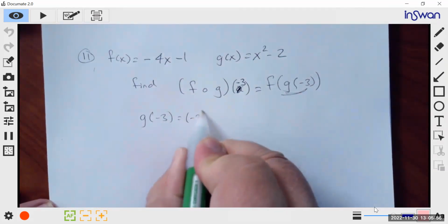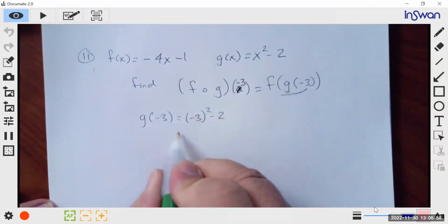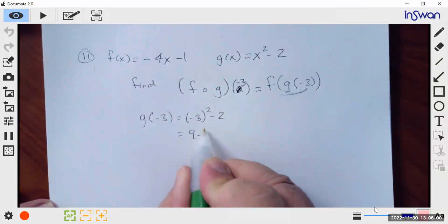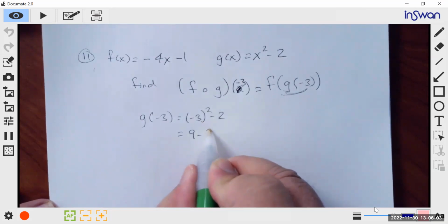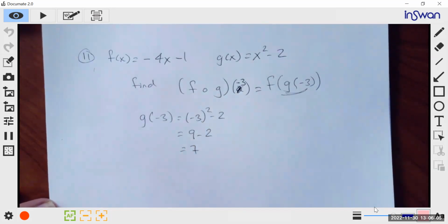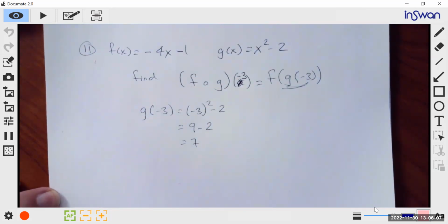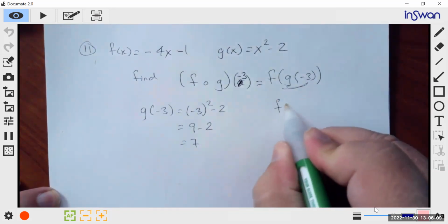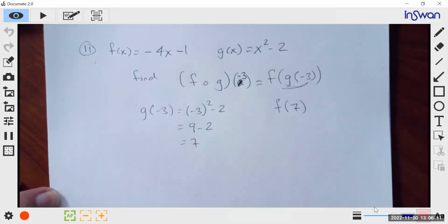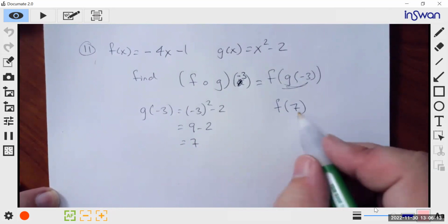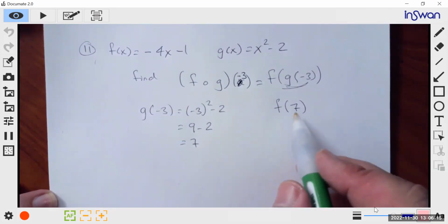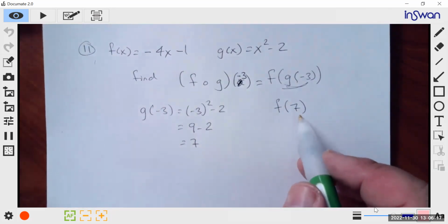So negative 3 squared minus 2. Negative 3 times negative 3 is positive 9. Minus 2 is 7. So since g of negative 3 is 7, that's the inside, that's the unit that we have to solve for f.